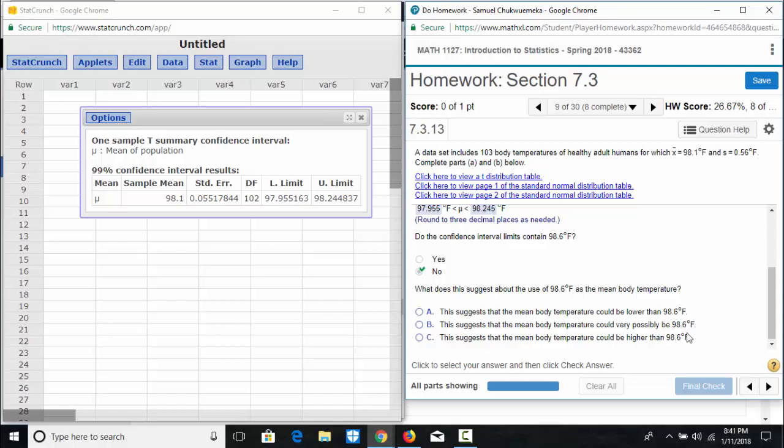No, we eliminate B right away. C. This suggests that the mean body temperature could be higher than 98.6 degree Fahrenheit. We eliminate C because the upper confidence limit is 98.245, and that is less than 98.6. So the answer would be A.